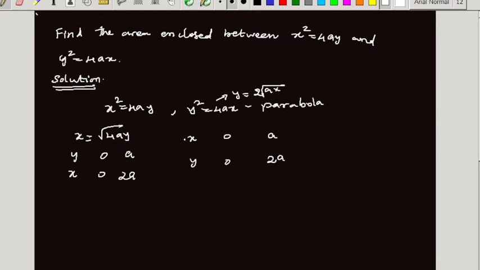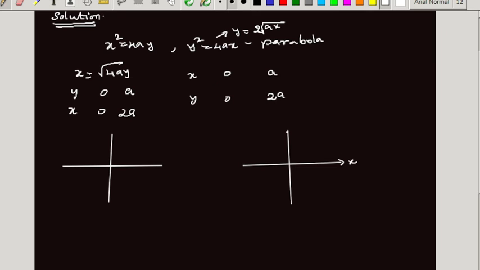So we draw the x-axis and y-axis. Let us consider this as 0 and this as a, and here we consider this as a and this as 2a. So when it is 0, we are getting x is 0, y is 0, this point, and when y is a, x is 2a, we are getting the value here.